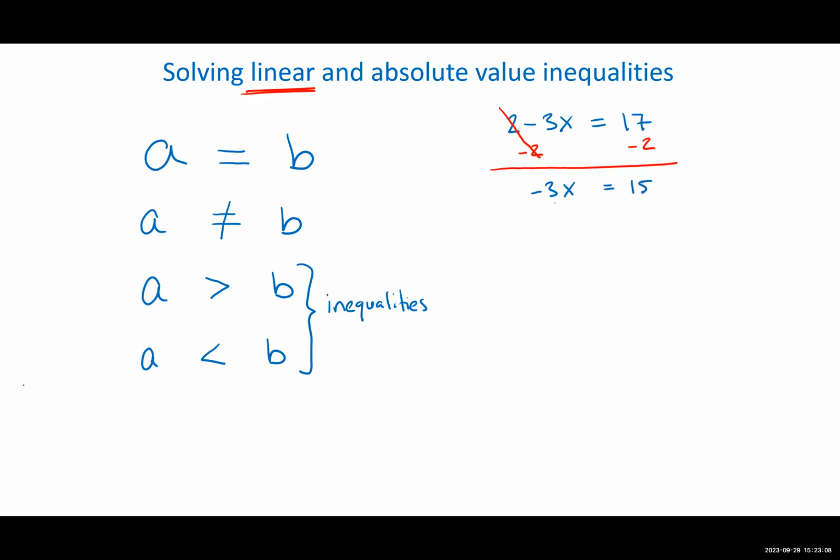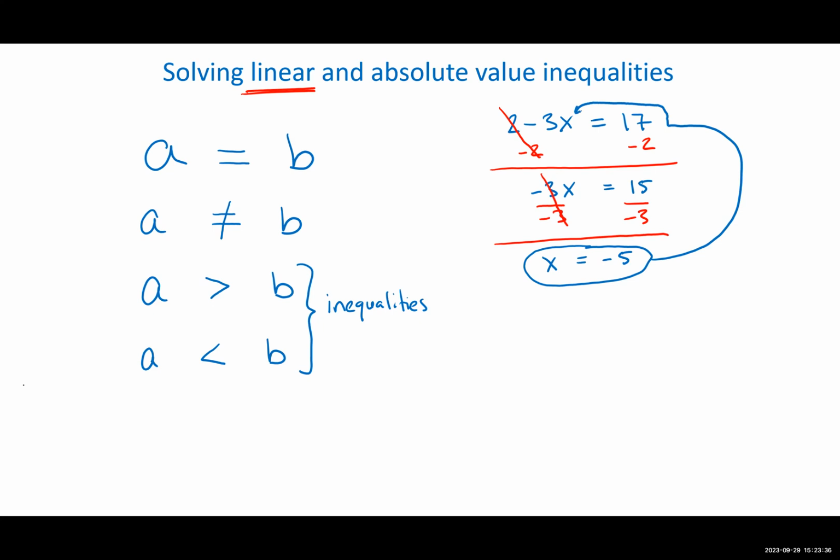Now we want to get x by itself, so we could eliminate that times the negative 3 by dividing both sides by negative 3. That would eliminate the times negative 3 with a divide by negative 3, and we end up with x is equal to negative 5. So negative 5 is the only real number that, if we were to plug it in for x, we would get 17 on the left.